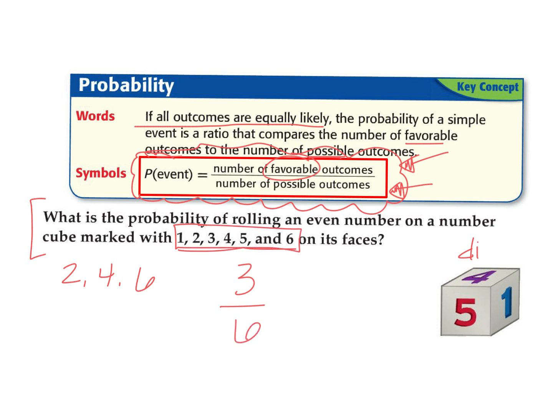So there's six possible outcomes. So we would write it as the probability of an even number equals 3/6, and then we always simplify that. So that would be 1/2. So the probability is 1/2 or 50%, which remember we can just do 1 divided by 2 and then times it by 100 or move the decimal over 2 to the right.